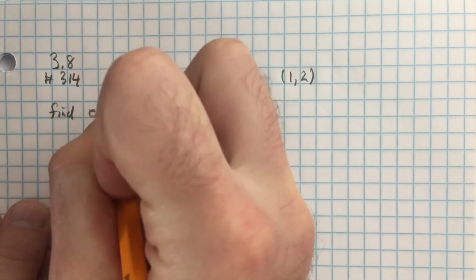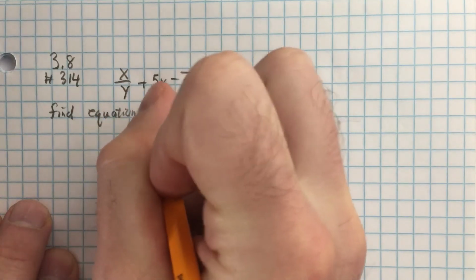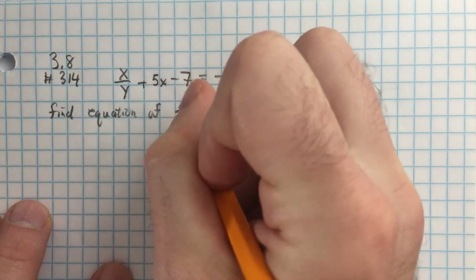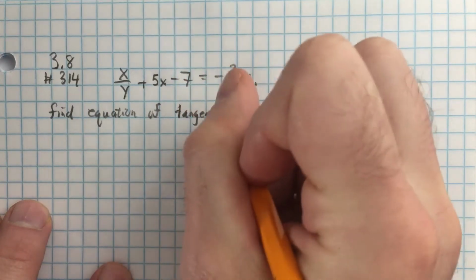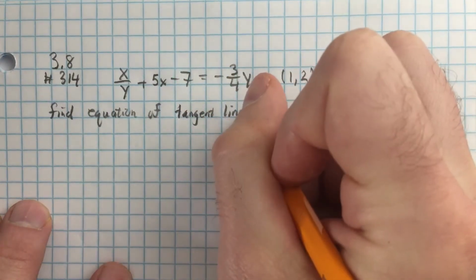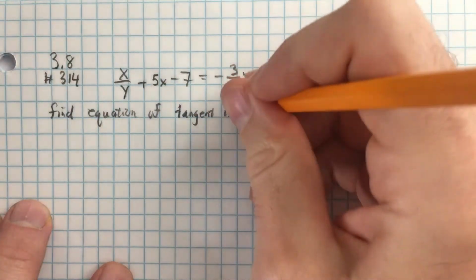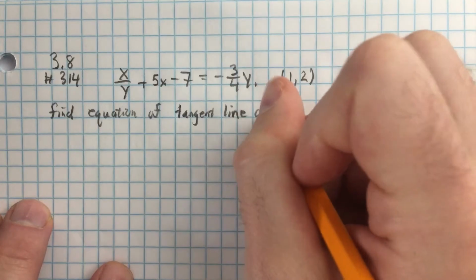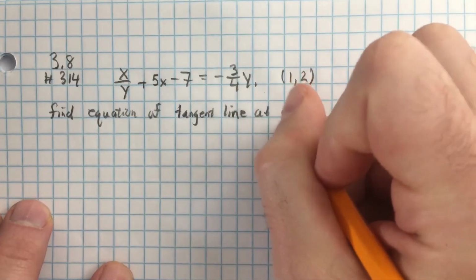So to find the equation of the tangent line, we need the slope of the tangent line to this curve at the given point.